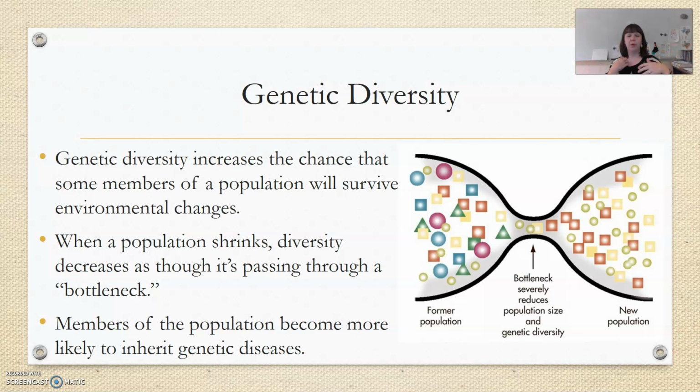Before the bottleneck, when we had plenty of species, then you had lots of different traits and adaptations, darker fur, lighter fur. Maybe with plants, some grew very tall to reach the sunlight, some were more short to be stable.